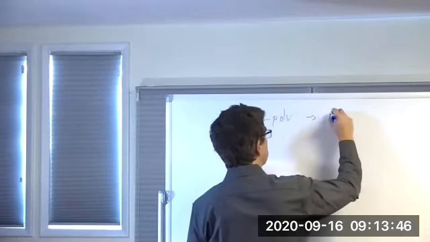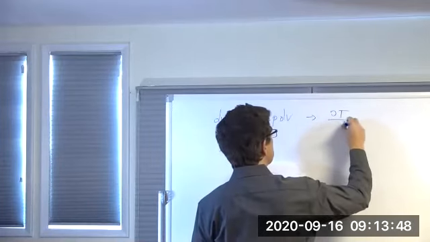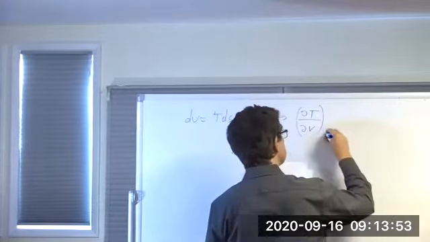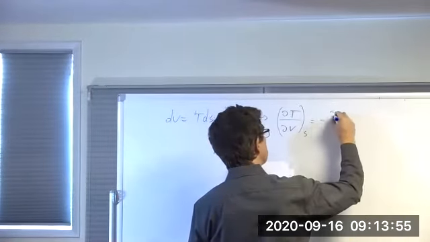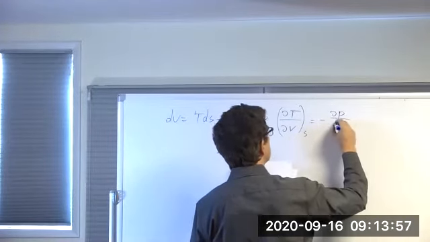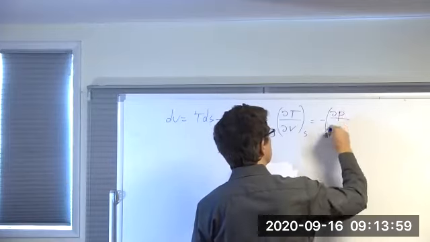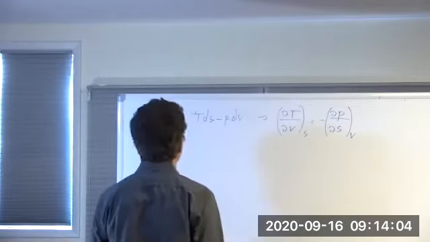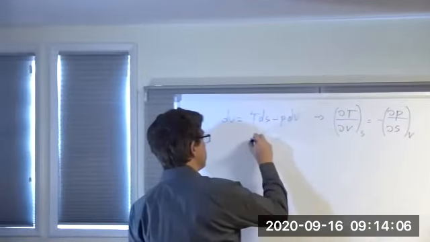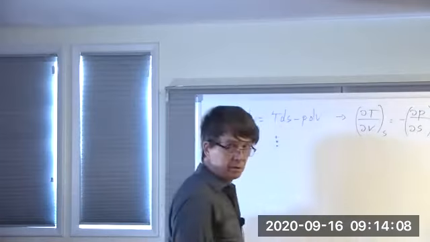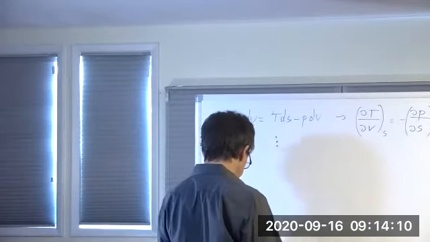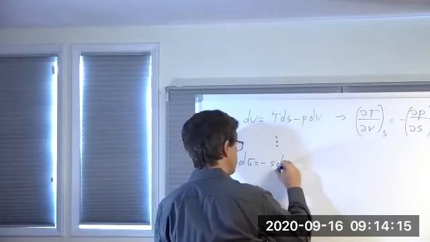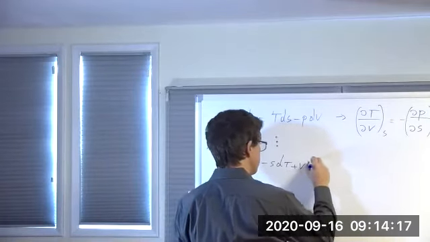So that's telling me that dT/dV at constant S is equal to minus dP/dS at constant V. And you can sort of do this for every potential. The most interesting one is when you do this for G, because dG is minus S dT plus V dP.